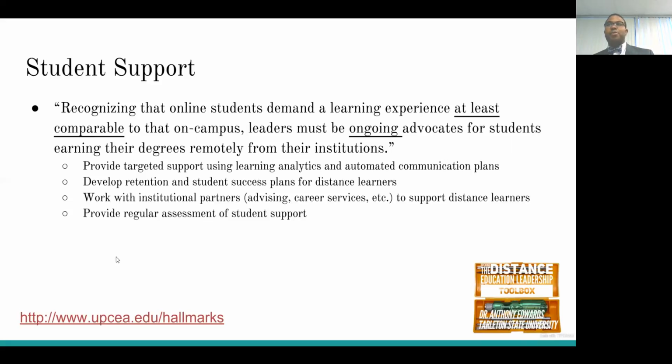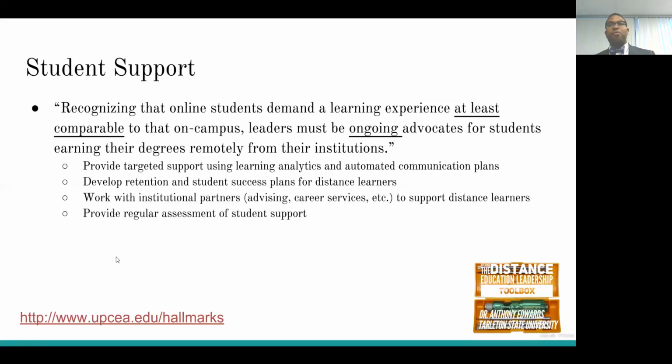Developing retention and student success plans for distance learners. I know those folks who work in first year experience and some of those support programs for on-campus students have these detailed retention and student success plans for those students. But if you look at distance learners, do we always have those sort of plans in place?